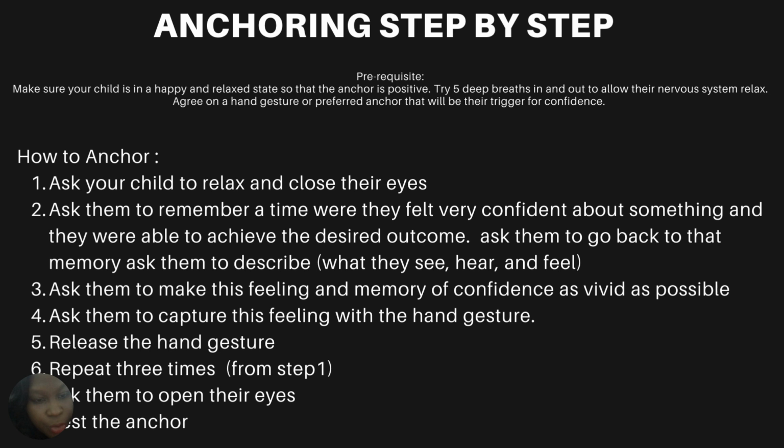So before you start the process of anchoring, after they are in a positive and relaxed state, you do your deep breaths. You breathe in for one, up until five, in and out for the count of five. That helps to relax their nervous system. Then you ask your child to relax and close their eyes.